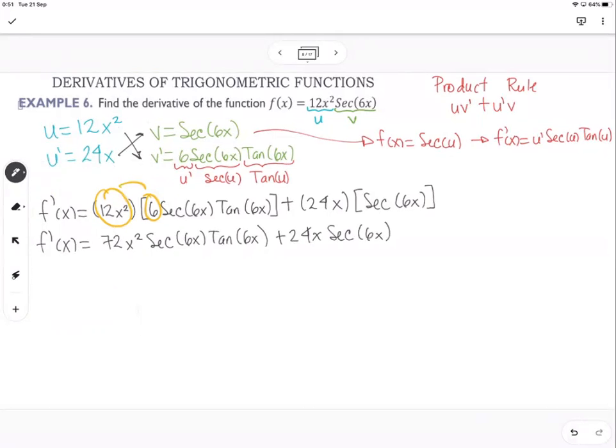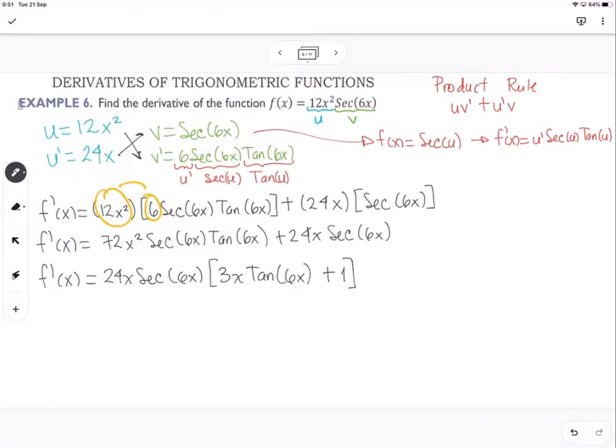Take out the greatest common factor as always and simplify. The greatest common factor here is 24x secant of 6x, and the remaining expression is going to be 3x tangent of 6x plus 1.